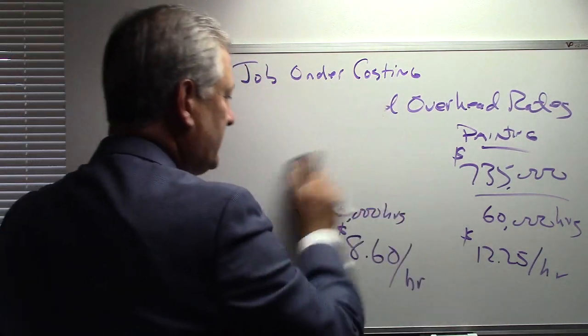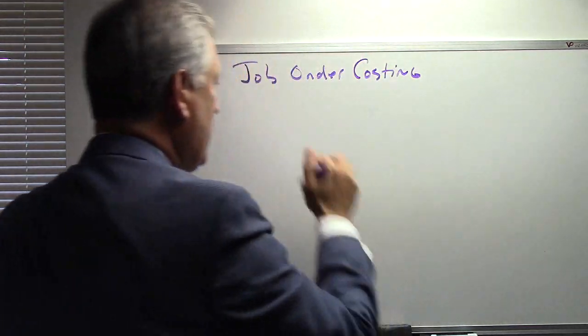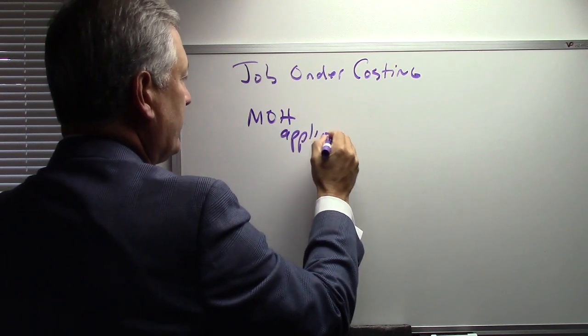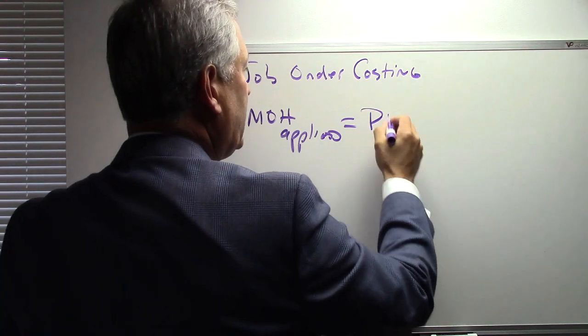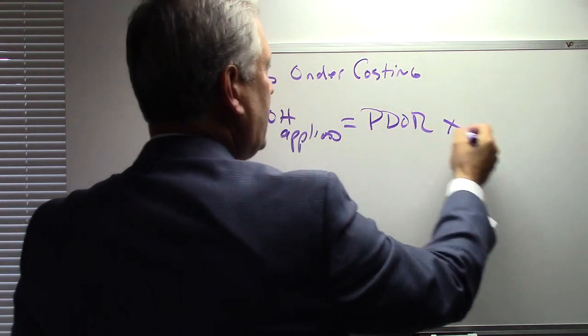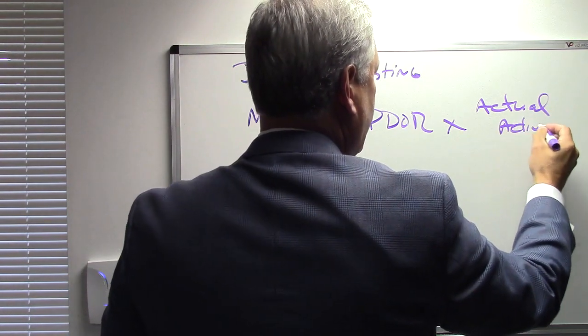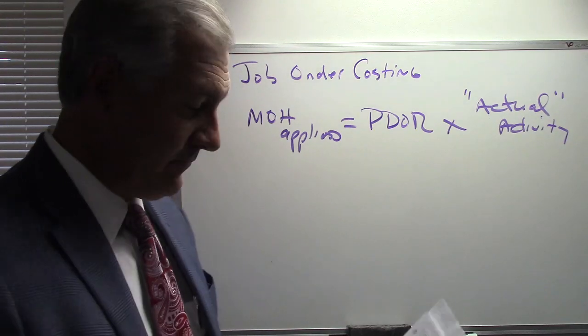So the next question is to calculate manufacturing overhead applied. Manufacturing overhead applied equals the predetermined overhead rate times actual activity.